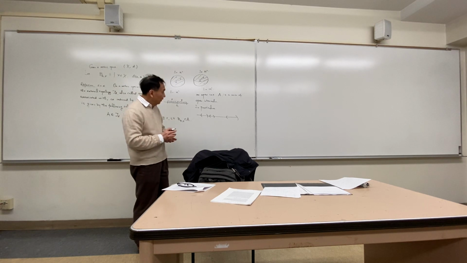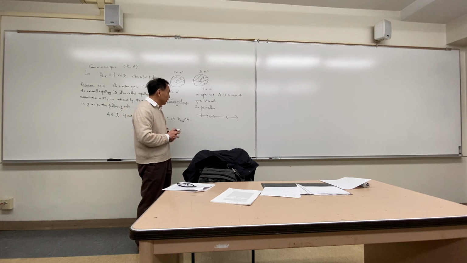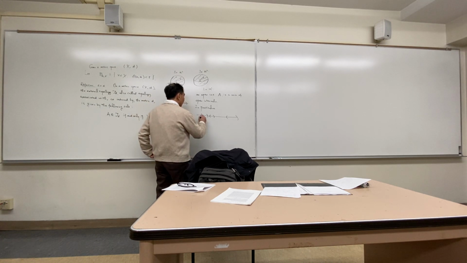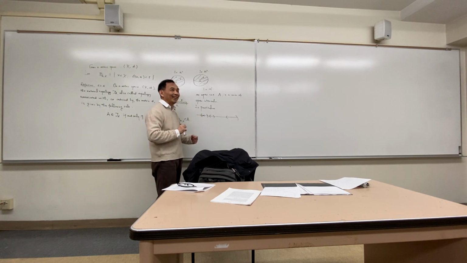Now, how do we define this open set? There are two kinds of definitions. One is that its complement is closed. And the other is that for any given point, you can always find a ball contained in that open set. The neighborhood definition.